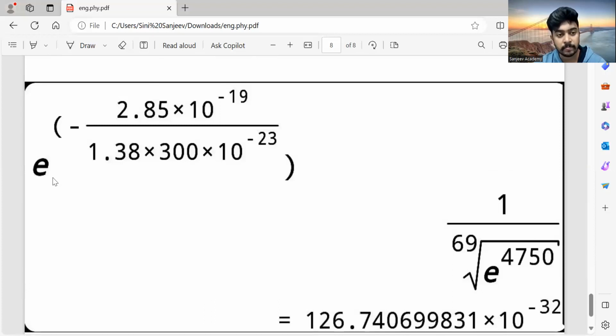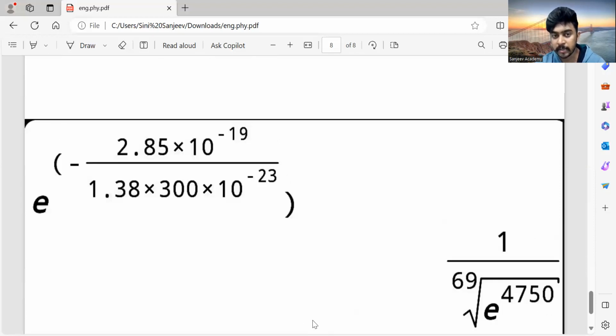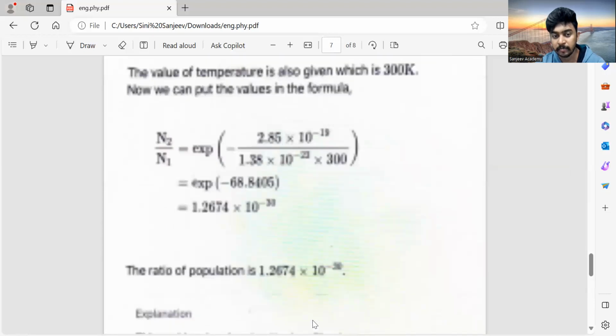In the calculator, take e power minus in the fraction, put the value 2.85 into 10 power minus 19 over 1.38 into 300 into 10 power minus 23. I'll be getting the value 126.74 into 10 power minus 32, or if you want to make it 30, 1.26 into 10 power minus 30. That is just the above calculation.